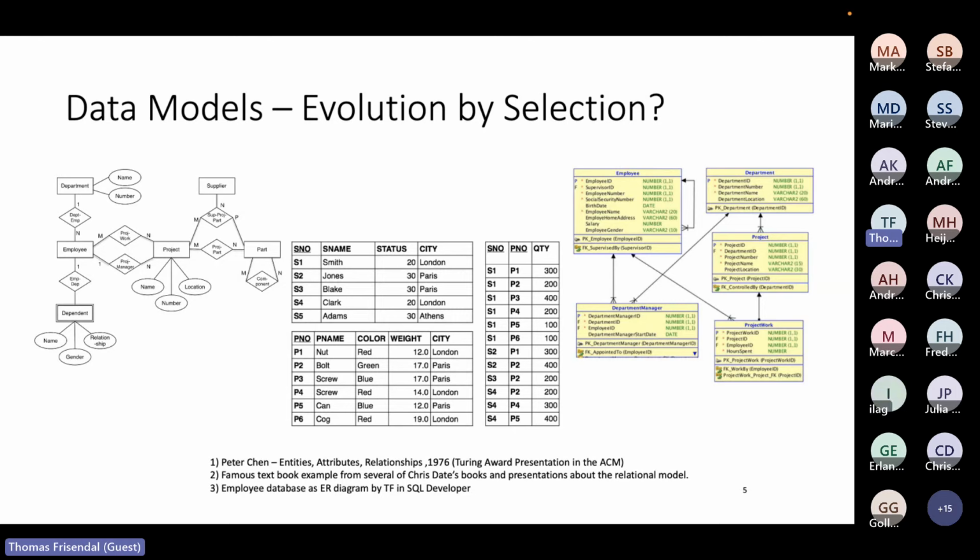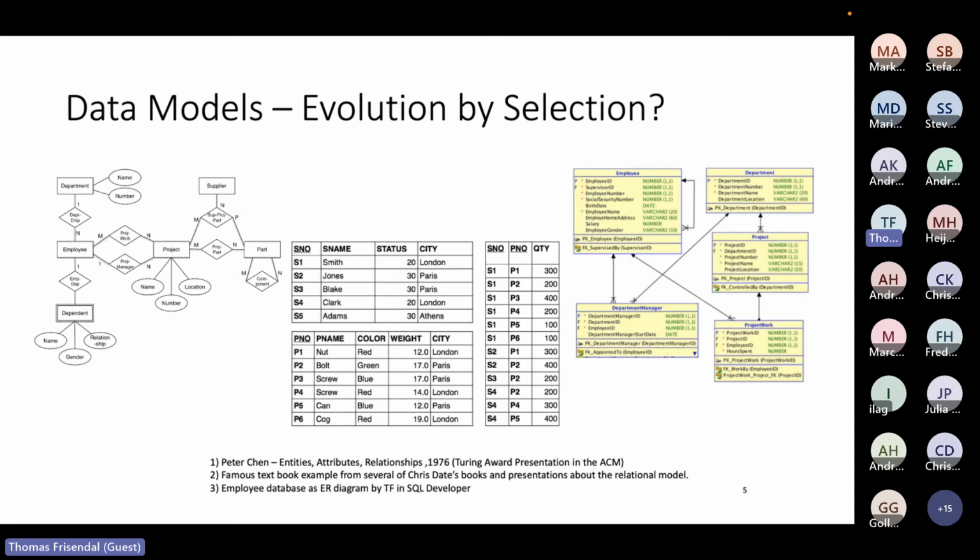And that evolved quickly into the right-hand side with the entity relationship diagrams with crow's feet and stuff. So that's sort of what happened by selection, I would say, because Chen chose something that to me looks pretty much like a graph, but other people decided to choose tabular representations, and the entity relationship models included some kinds of arrows.